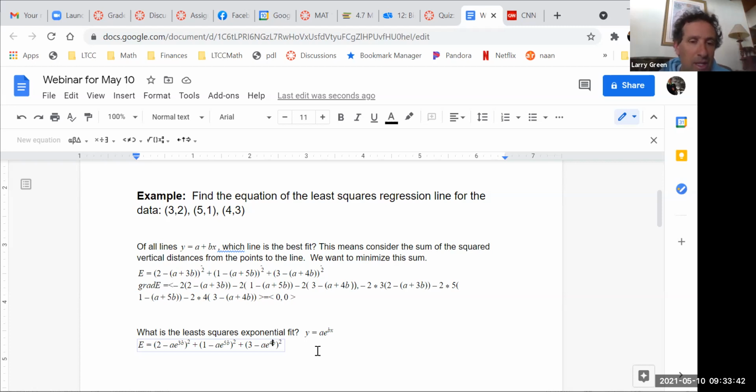Okay. And in the real world, what do you think the hard part is? There's two hard parts, actually, in the real world. Any thoughts? Yeah, one is deciding what kind of fit you want. Do you think this is exponential growth?